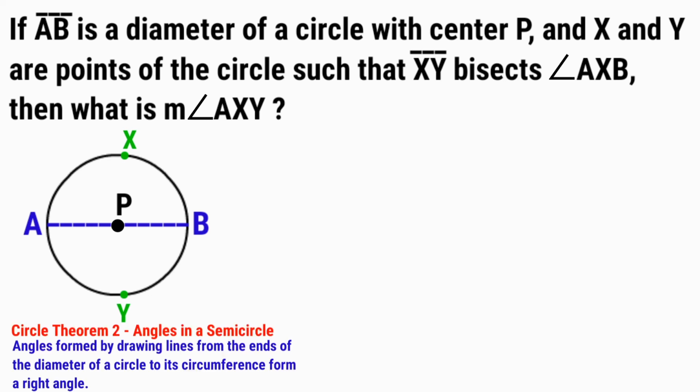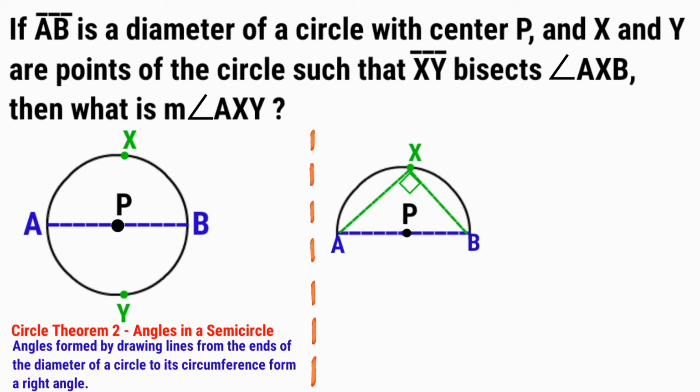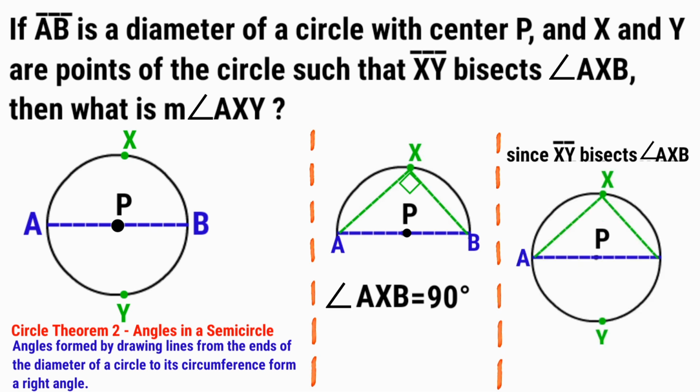Angles formed by drawing lines from the ends of the diameter of a circle to its circumference form a right angle. Therefore, our angle AXB is equal to 90 degrees. Since segment XY bisects angle AXB, then angle AXY is equal to 45 degrees.